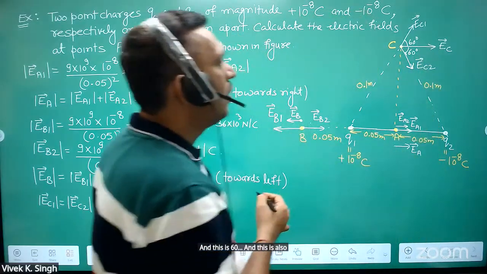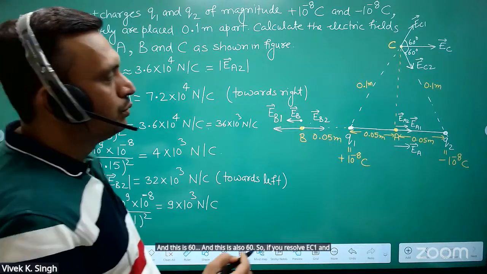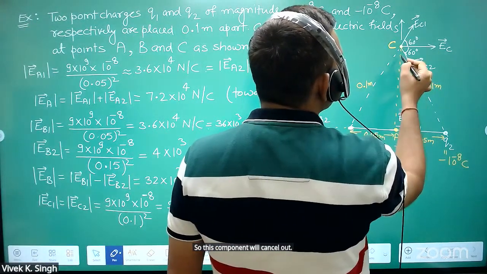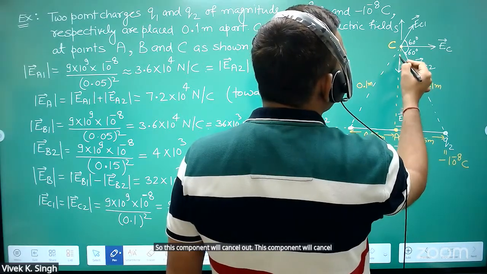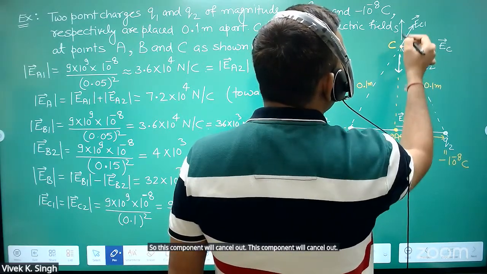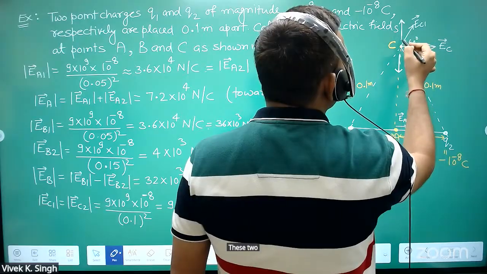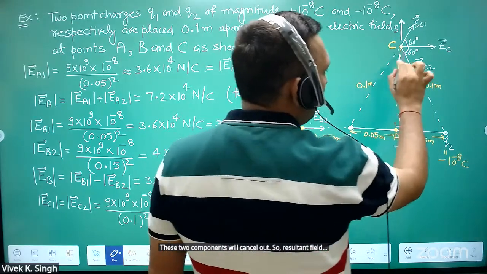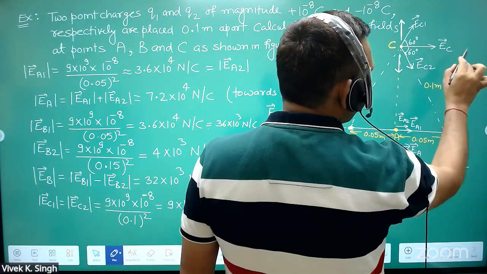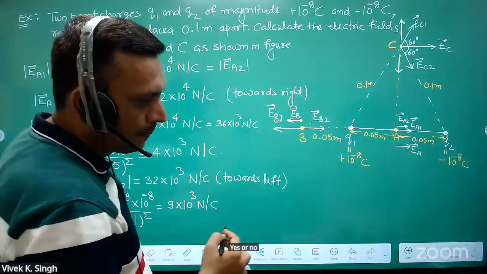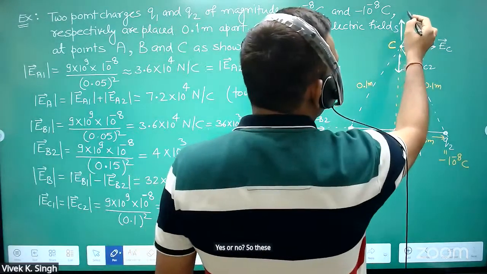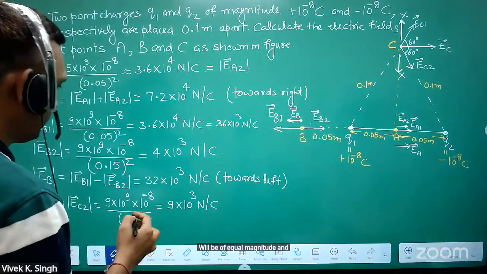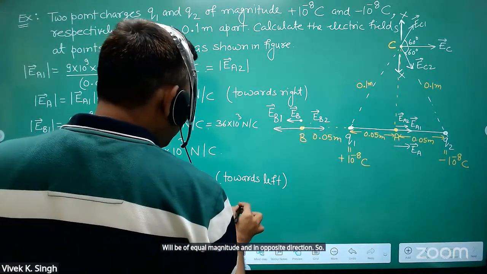So if you resolve EC1 and EC2, this component will cancel out. These two components will cancel out. So the resultant field is in this direction only. Yes or no? These two components will be of equal magnitude and in opposite direction.